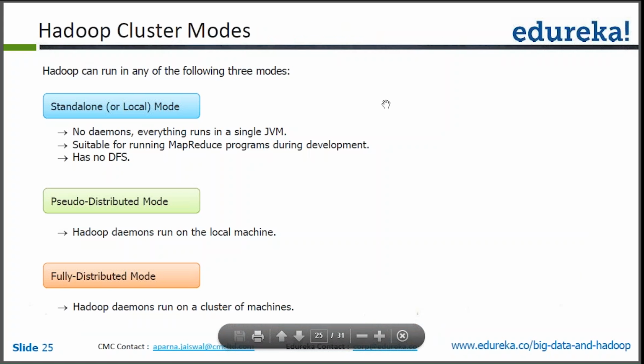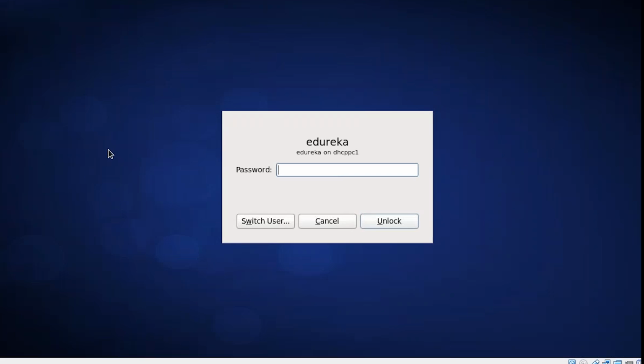And as such, Hadoop has three different modes of execution: standalone mode, pseudo distributed mode, and fully distributed mode. We work in a mode called pseudo distributed mode. The VM that we use runs in pseudo distributed mode.